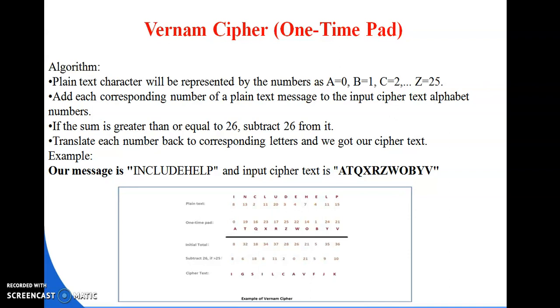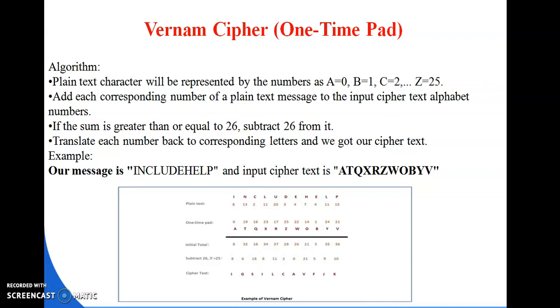Similarly, N is 13, C is 2, L is 11, U is 20, D is 3, E is 4, H is 7, E is 4, L is 11, P is 15. So these are the serial numbers. Right now you have numbered the plain text.